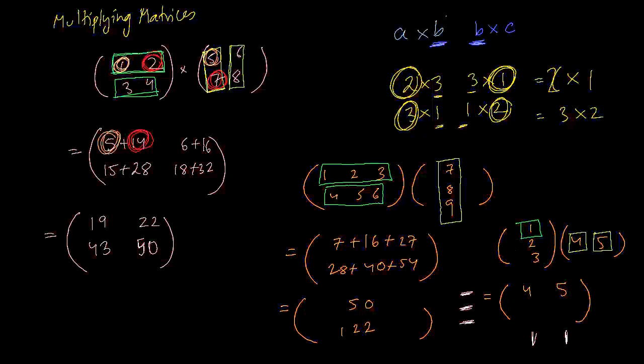So 2 multiplied by 4 is 8. So we get 8 here. And 2 multiplied by 5 is 10. Now we have the third row to think about. And it turns out to be 3 times 4 is 12, and 3 times 5 is 15. So we have a product which is 3 rows and 2 columns.